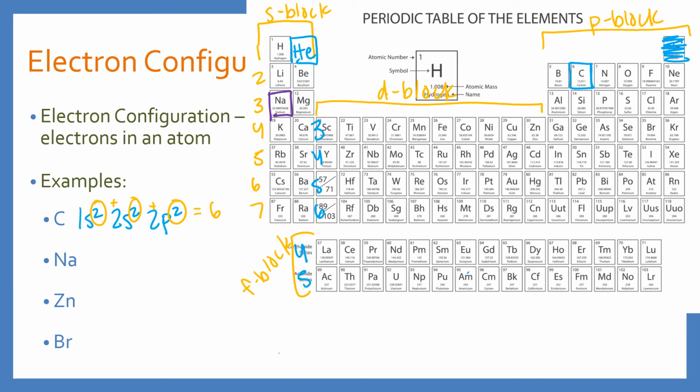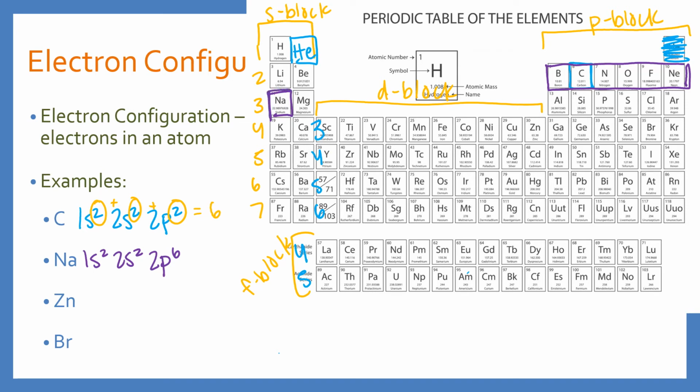So we're going to copy the first part of the carbon electron configuration. 1s2, 2s2, and then sodium is going to have 6 electrons filling the 2p orbitals. So 2p6.